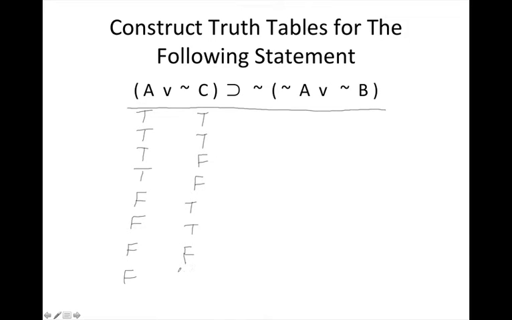And then as you get to your last, you're simply alternating. Okay, so the main connective once again is the horseshoe. Within the left side of the horseshoe, we have a negation, a tilde, which needs to be determined, the values of which, I should say, need to be determined before we determine the wedge's values.